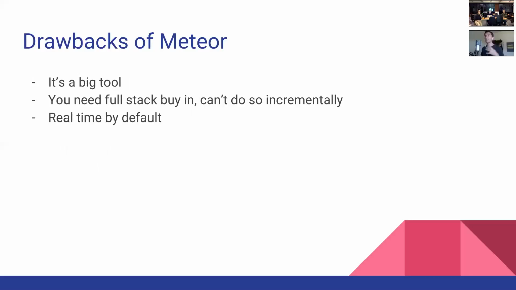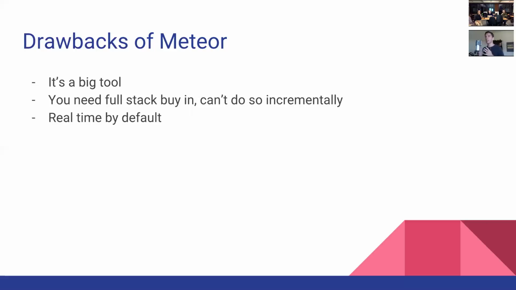And that's because of the size of the tool. They're handling building and compiling your client code, the same for your server, managing your database connection. So it's a really big tool, and sometimes it kind of gets in the way, especially as you work on it for a long time and when you've got a team of like 10 developers working on it.